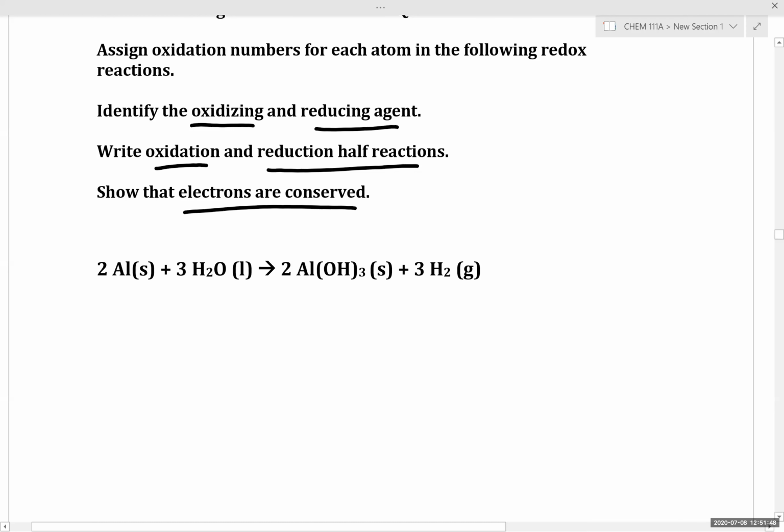So again, we're trying to identify the oxidation and reduction half reactions. And then once we have that identified, we're going to show that this redox reaction is in fact balanced.